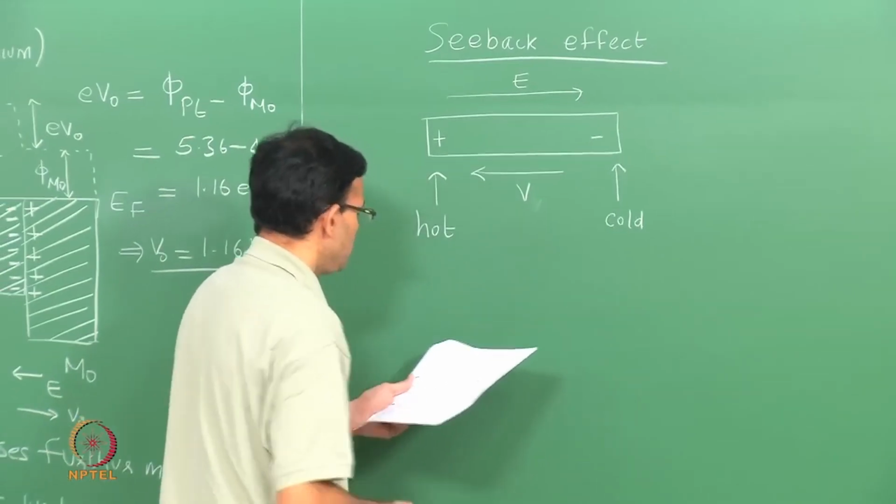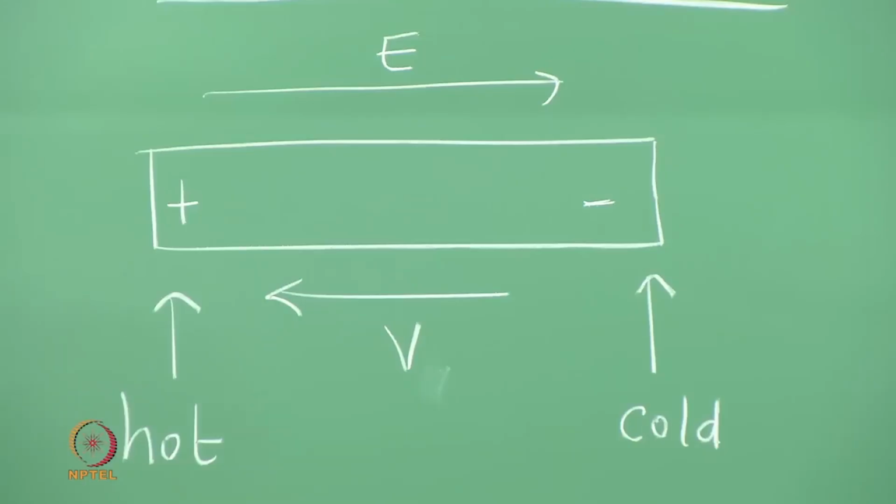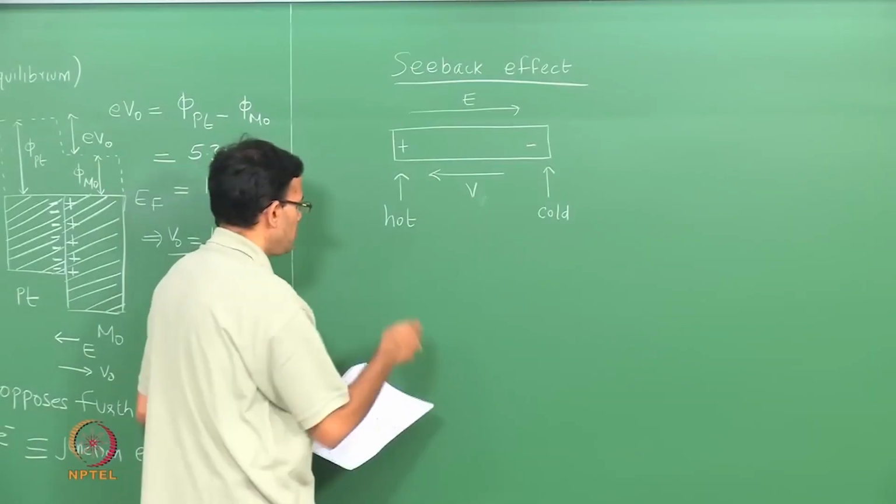This potential is dependent on the temperature difference between the hot and the cold end and a coefficient that is called the Seebeck coefficient.